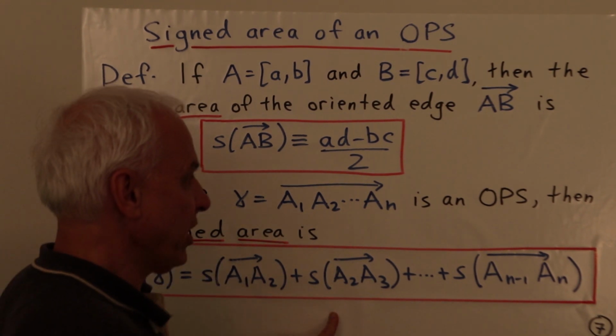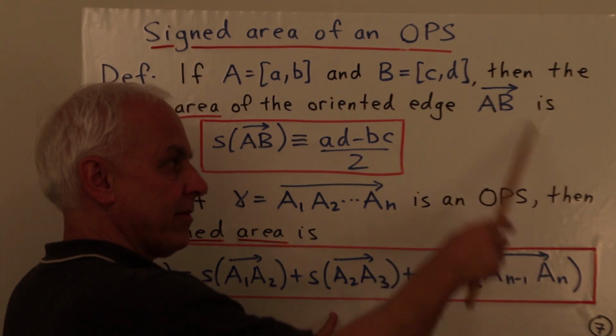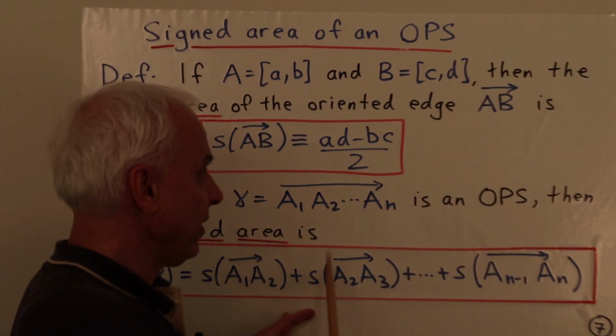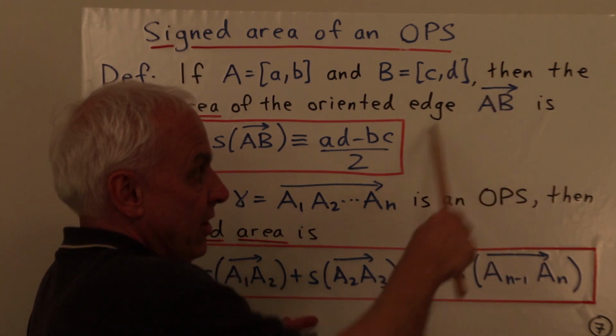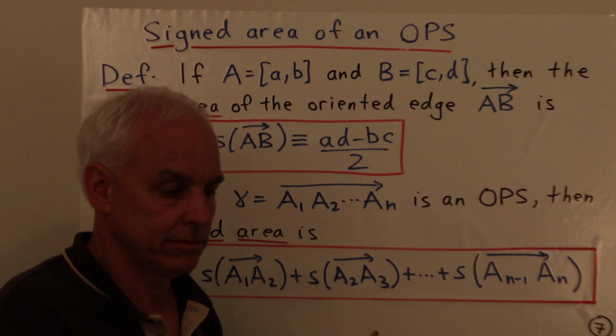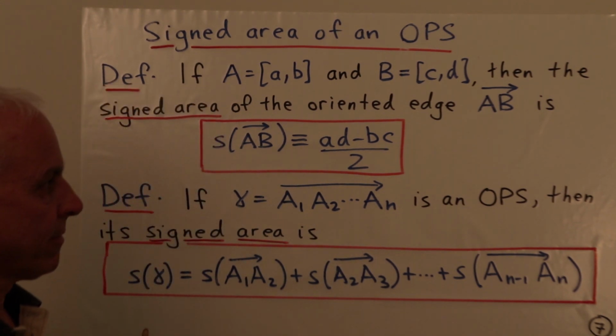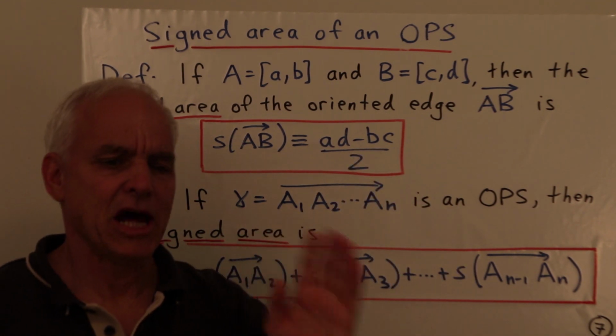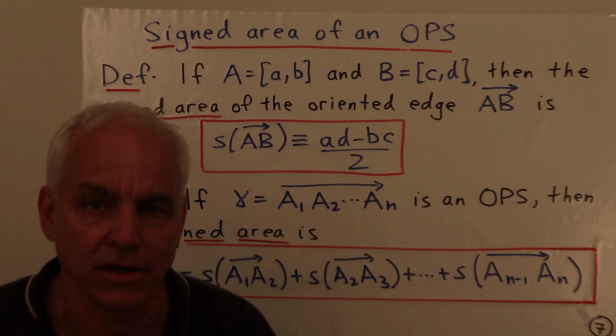So if this is the origin and here's A and here's B and there's the oriented edge from here to here, then the signed area is just AD minus BC. That's just the signed area of that triangle OAB. It's almost the same as the signed area of an oriented side.